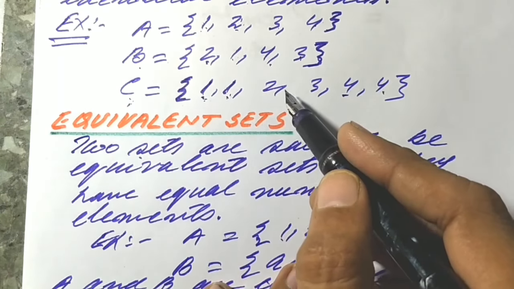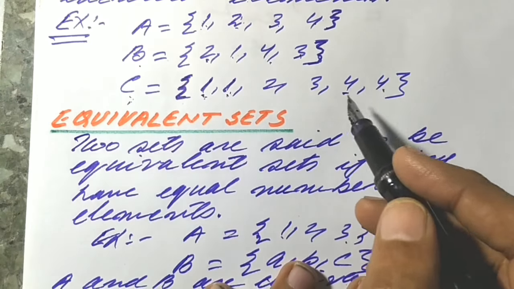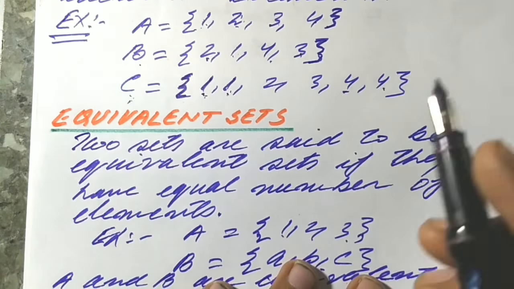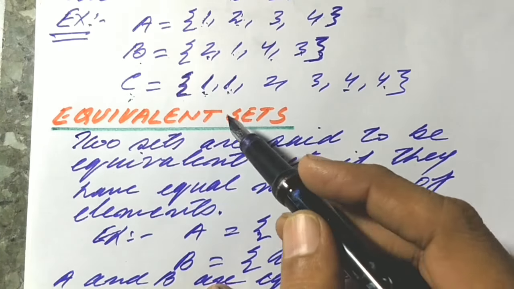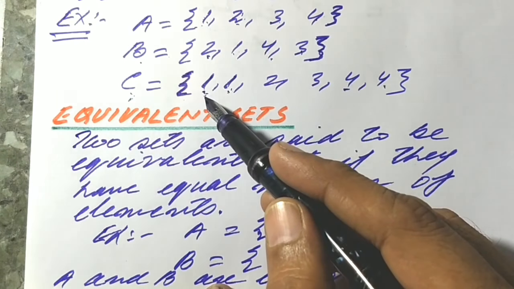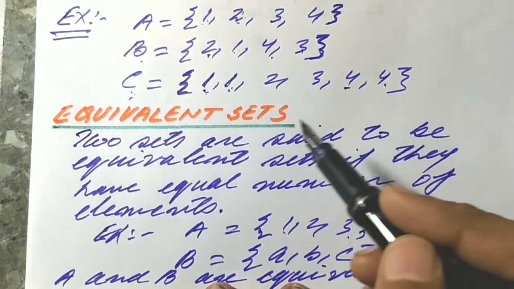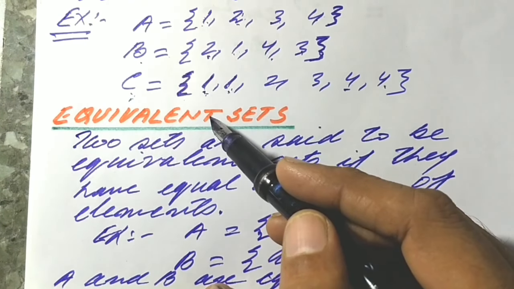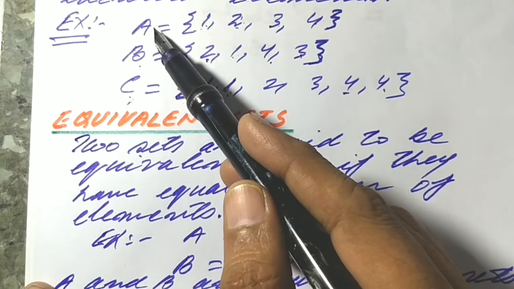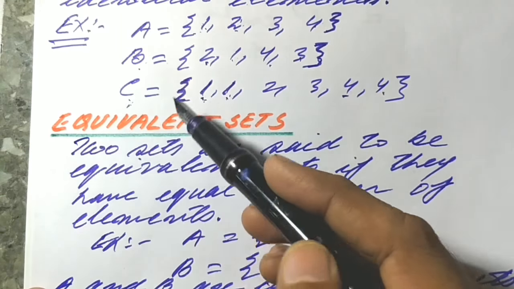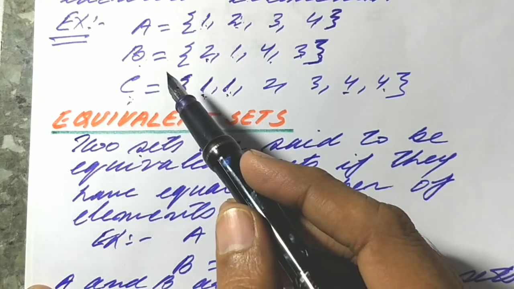So if we write 100 ones over here, that will be considered only one 1, and if 4 is written two, three or four times, it will be considered as one 4 only. So the elements of set C are 1 2 3 4 instead of 1 1 2 3 4 4. In this way A, B and C have identical elements, which is why by the definition these sets are equal sets.